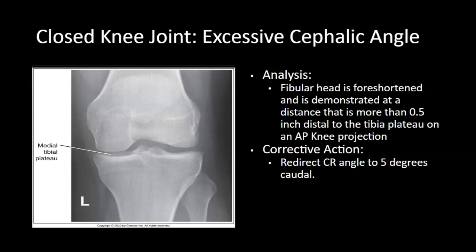If my fibular head is foreshortened, then I turn my central ray towards the direction that the fibular head went in, and it went caudally. Just a little tip or trick, but your original angulation was too cephalic.